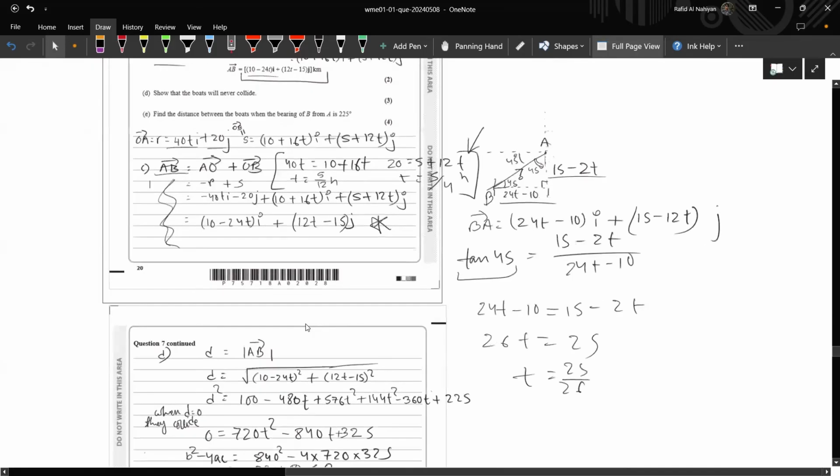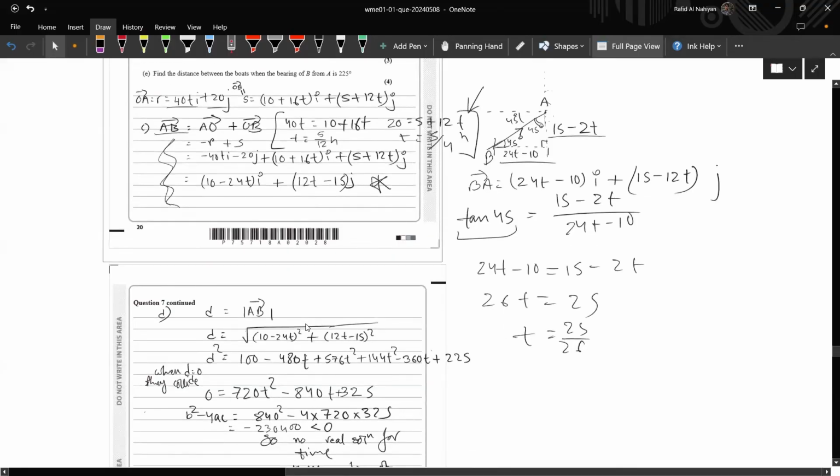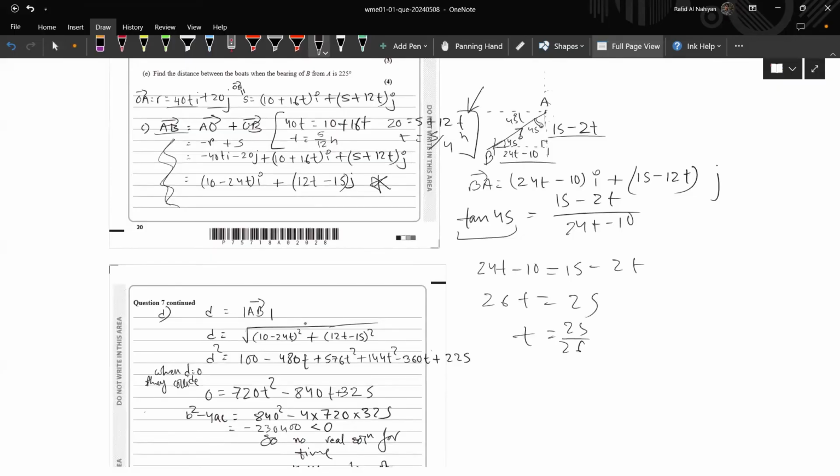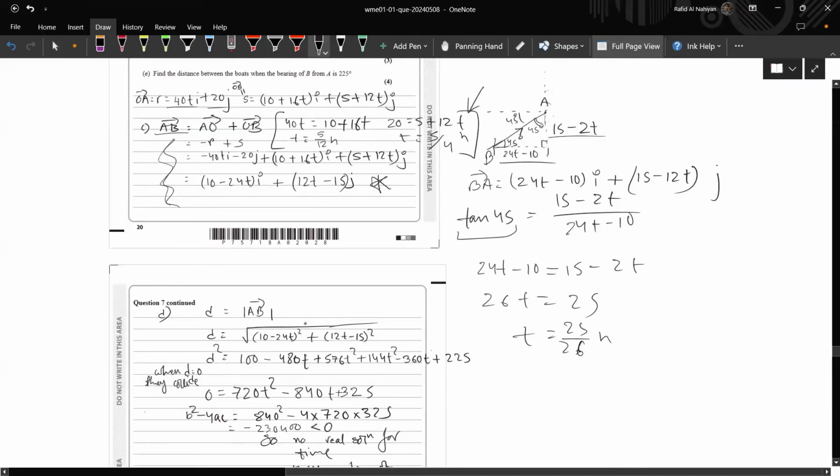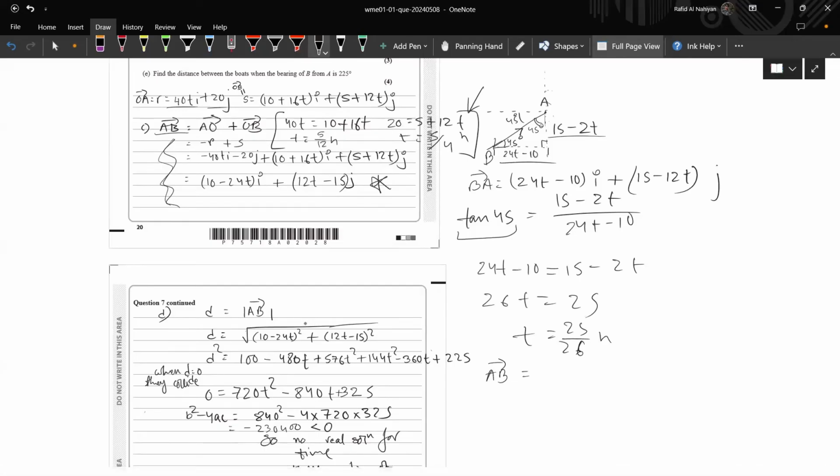Okay, so now we actually have to find the distance between the boats when the bearing is this. So when is the bearing of B from A 225? It's when the time is 25 by 26 hours, right? So if I put this value of time in the vector AB, I can just find out the displacement between A and B. And with that displacement, if I calculate its magnitude, I will end up with the distance.